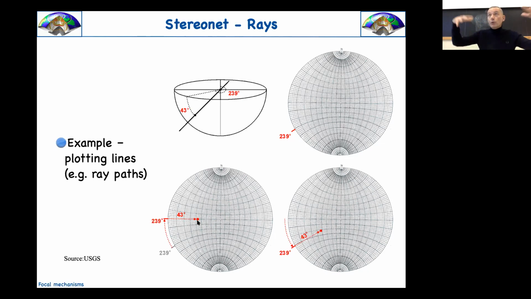So in principle, if we had infinite receivers deployed over every point of the surface of the Earth, we would have infinitely dense information, and then we could map a beautiful pattern of black and white there.